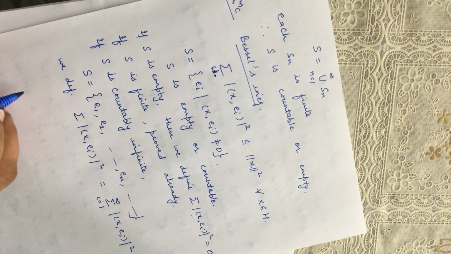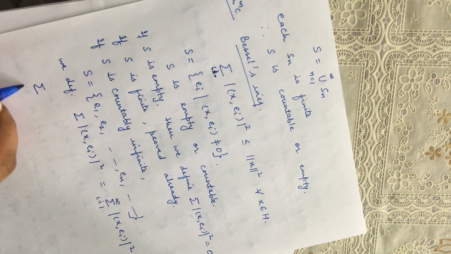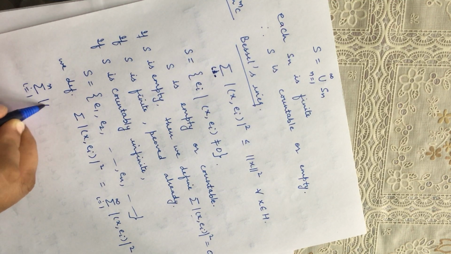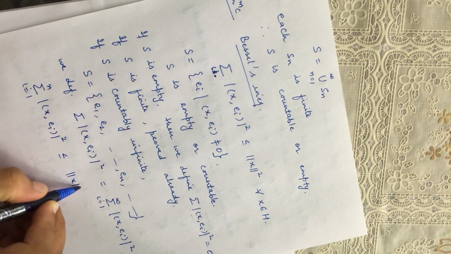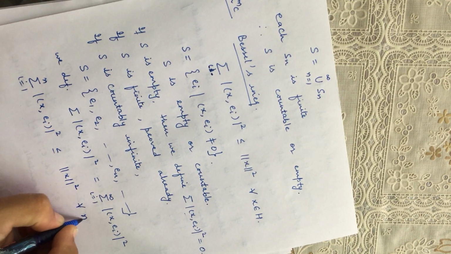Now from Bessel's inequality for the finite case, we have the summation of i varying from 1 to n of |⟨x, ei⟩| whole square is less than or equal to norm x square, and this is true for each n.